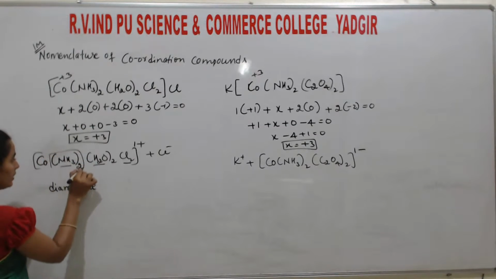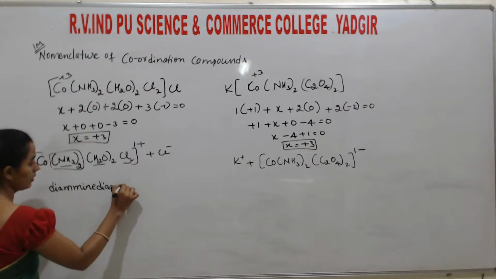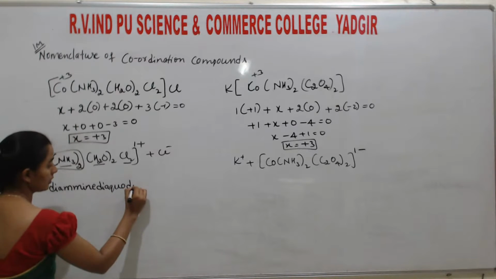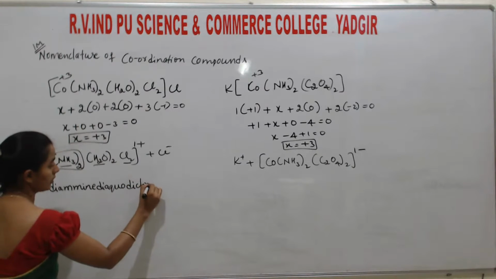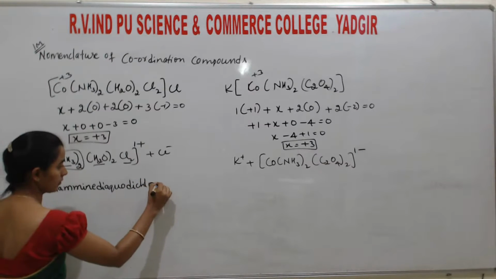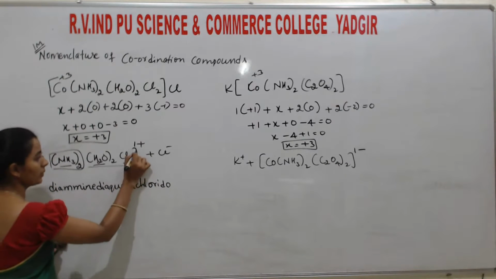This is completed. Next, aqua. Next, dichloride, correct? So ligands are completed.